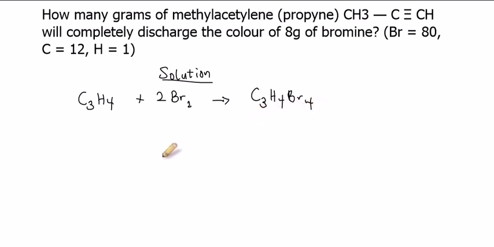Now having written a balanced chemical equation, the next thing to do is to calculate the mass of propyne, which is also known as methylacetylene, in the chemical reaction. From the question above, we are given the mass of bromine to be 8 grams, but we do not know the mass of propyne, which is the unknown.